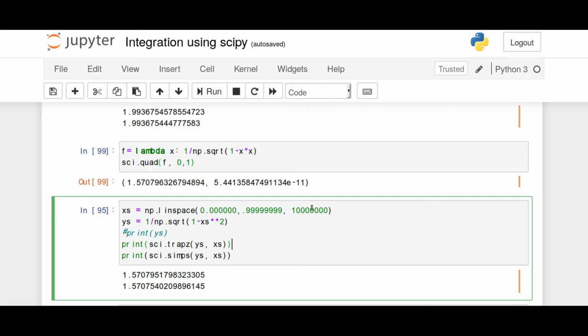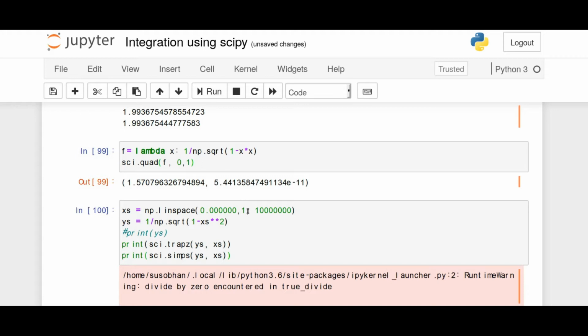I make an array of ys, calculate the x's and y's, and if I make this limit 1, what happens to the result?